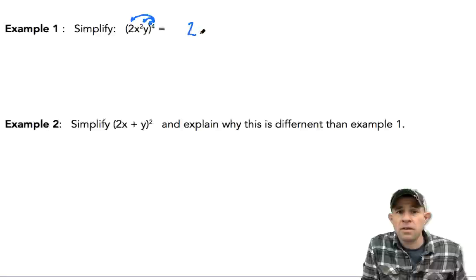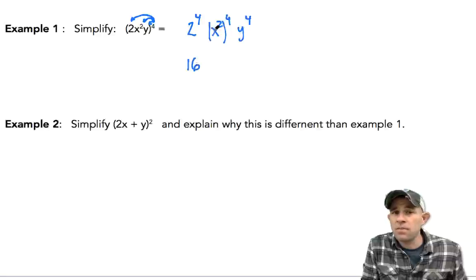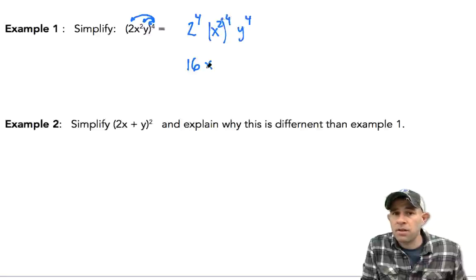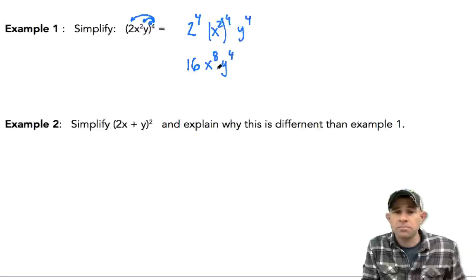So let's just expand this a little bit. We have 2 to the 4th, we have x squared to the 4th, and we have y to the 4th. So 2 to the 4th is going to be simplified to 16. X squared to the 4th is a power of a power, so that means we need to multiply those exponents. So that's x to the 8th, and finally y to the 4th.